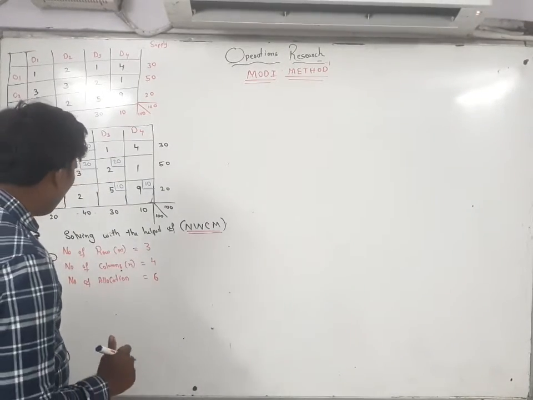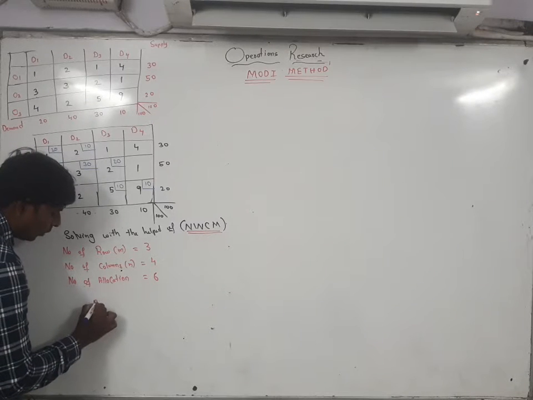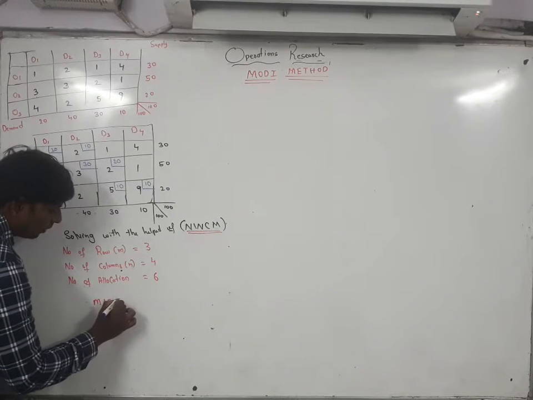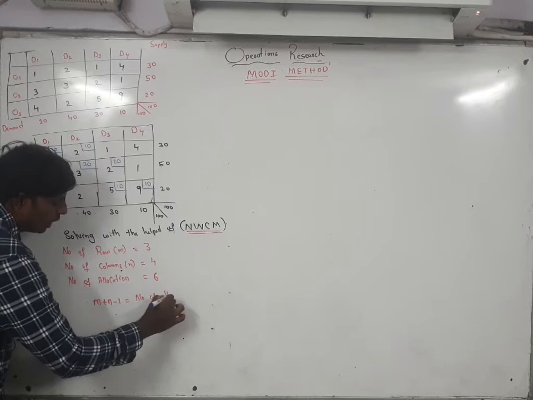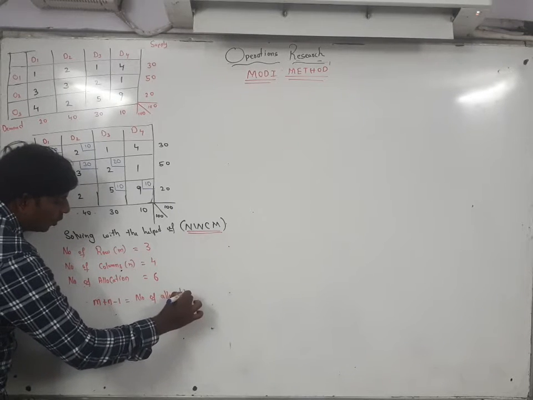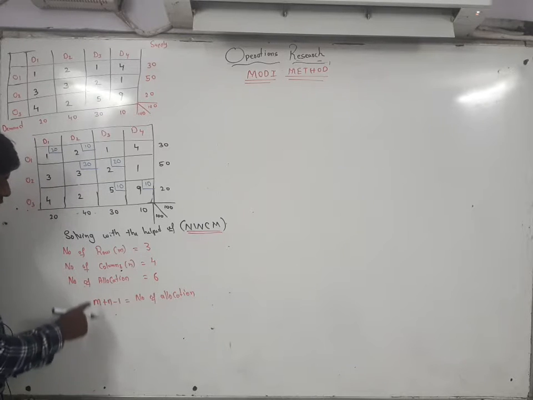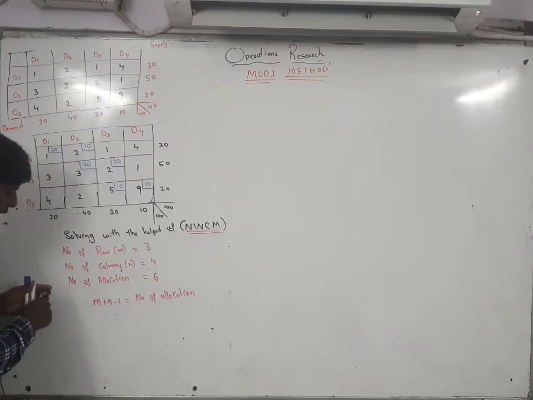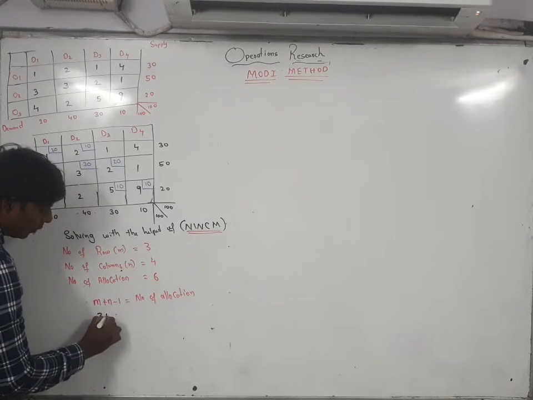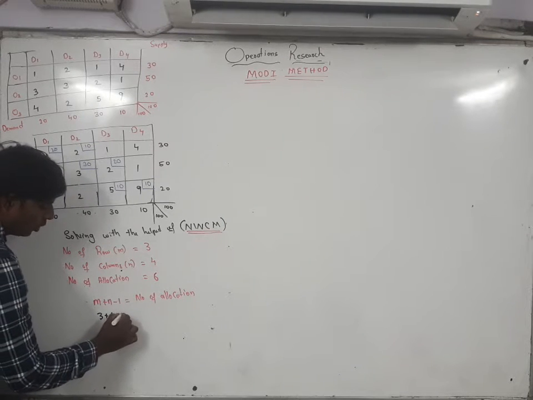After that you have to write this formula. The formula is M plus N minus 1 is equal to the number of allocations. Number of rows is 3, number of columns is 4, minus 1.